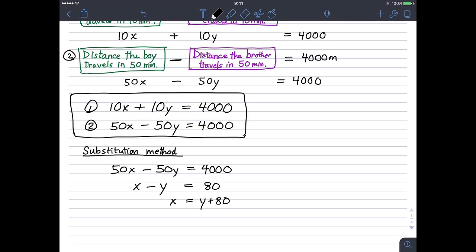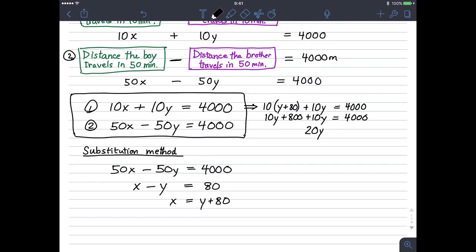If we put this into the first equation, we would have 10 times x, so x is equal to y plus 80, plus 10y equals 4,000. This becomes 10y plus 800 plus 10y equals 4,000.